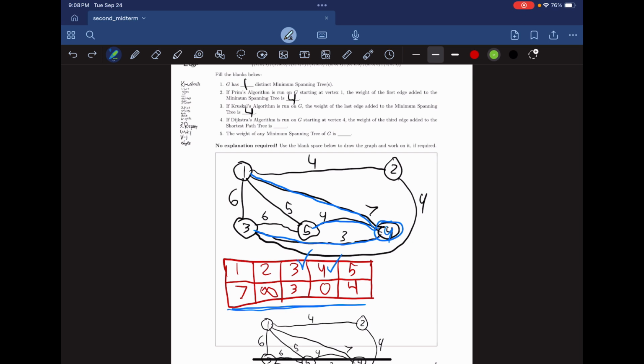Lastly, we have the edge between 3 and 2. The edge between 3 and 2 is of weight 4. And so we're going to say, is 4 plus 3 less than the current distance to 2? If we check the table, the current distance to 2 is infinity. So is 3 plus 4, which is 7, less than infinity?